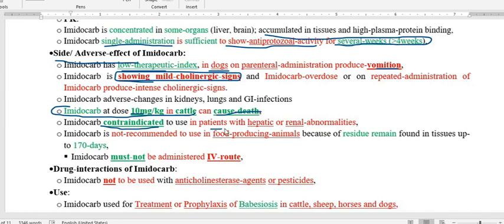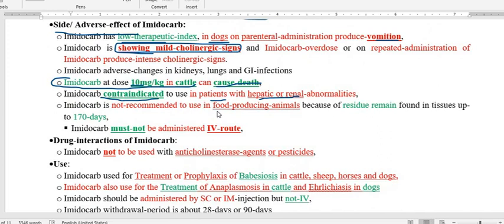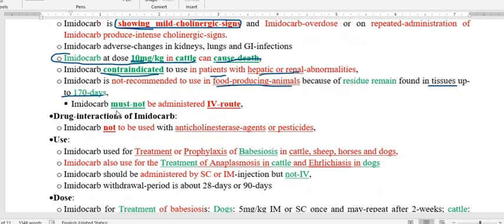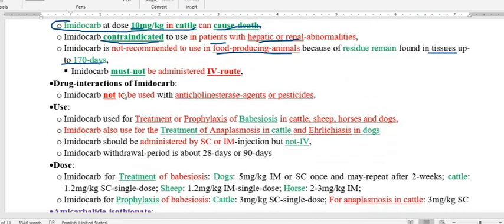So be cautious about the dosage for cattle. This drug is contraindicated in any patient with liver or renal disease, and because imidocarb remains resident in the tissue for about 170 days, it should not be recommended for food producing animals.